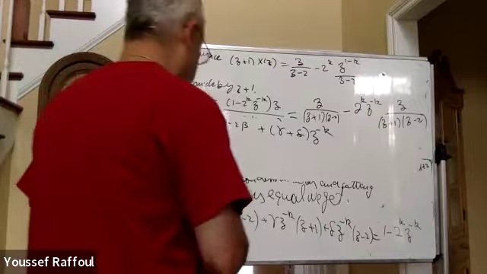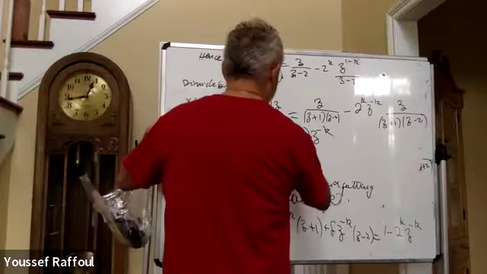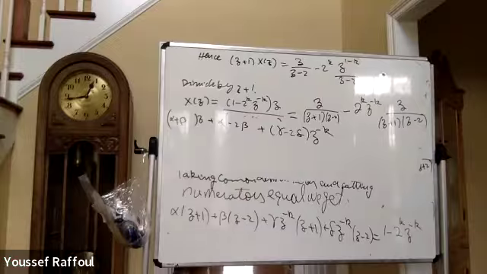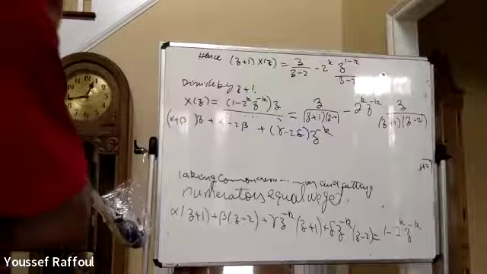No, gamma minus 2 delta. Gamma minus 2 delta. All right, so this is what we're going to have.